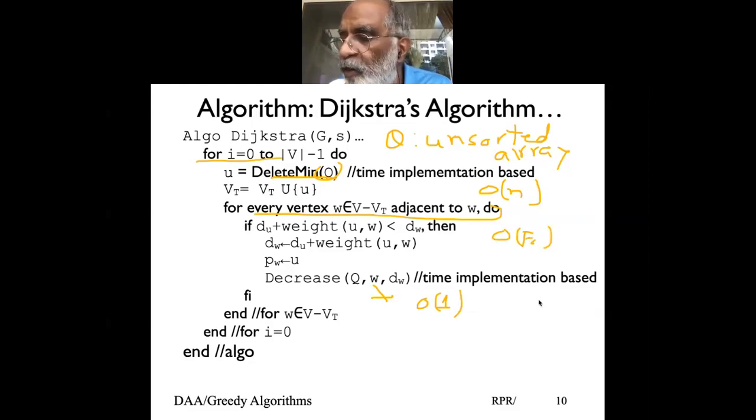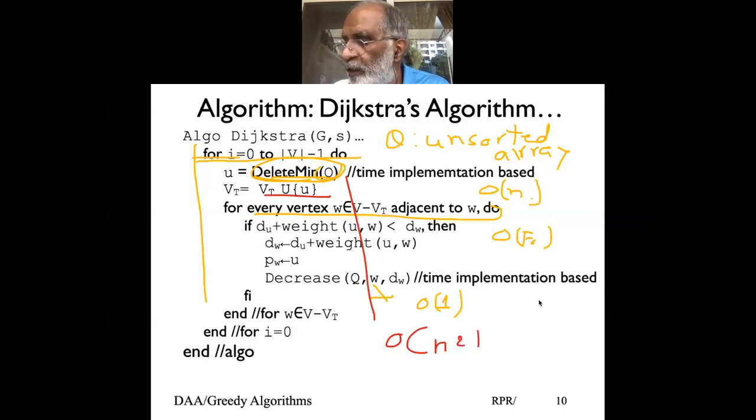But I'm running the outer loop n times, and performing a delete min will take order n time. So I'm running the loop n times and doing this n time, so my time complexity becomes order n square. That is when I use an unsorted array.